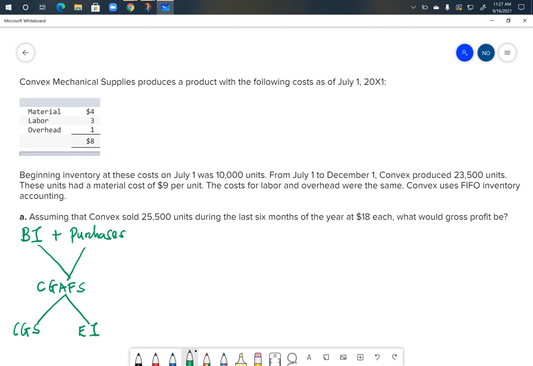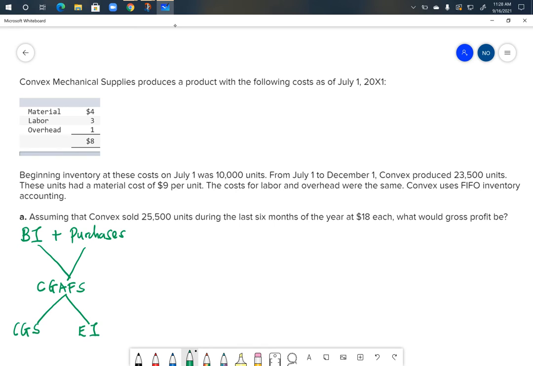So we have the beginning inventory plus purchases equating to the cost of goods available for sale. Then if we sell them, it goes into cost of goods sold, and whatever remains unsold becomes part of the ending inventory. Once you know this, we can work with this problem.